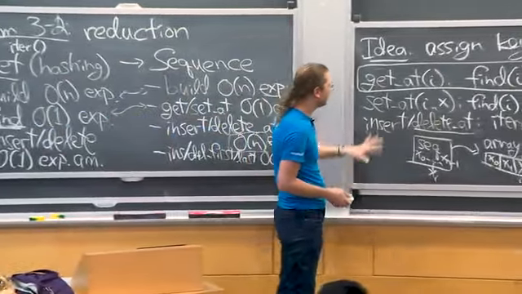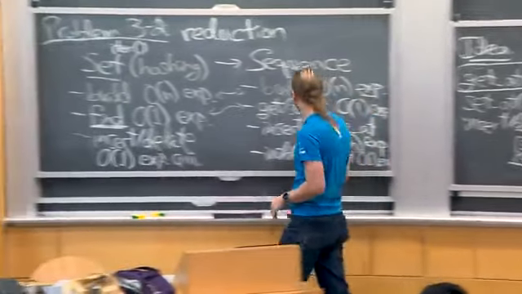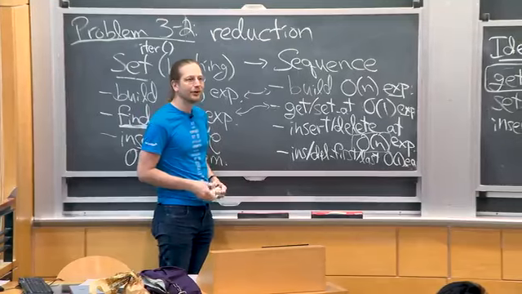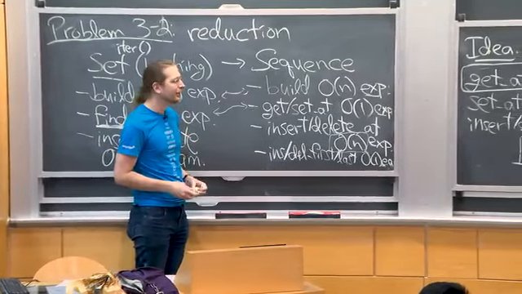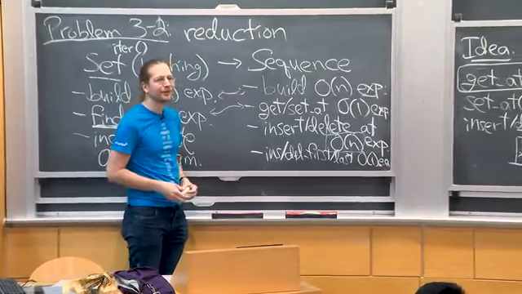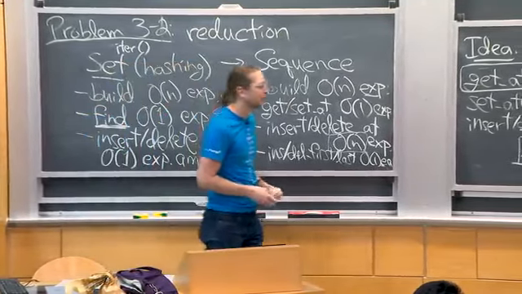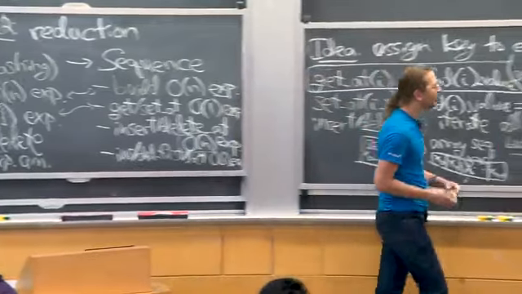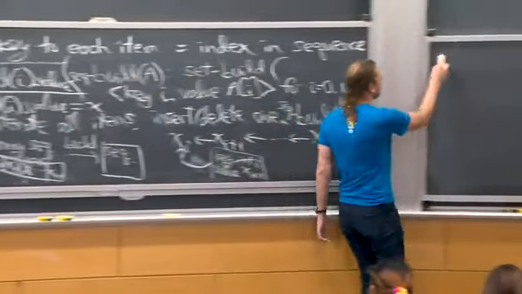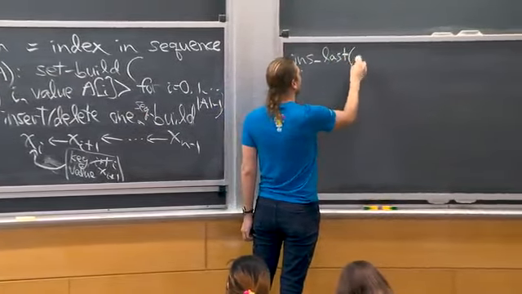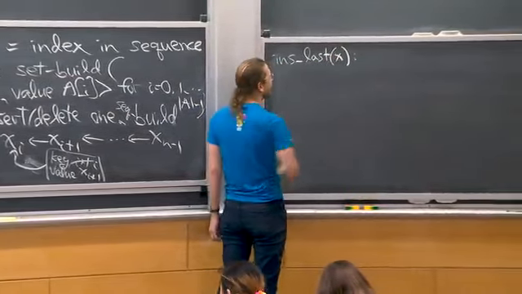OK, great. But there's one more set of operations, insert, delete, first, and last. Are these easy? Good? Shall we try? We can insert last. So this is given an item x.